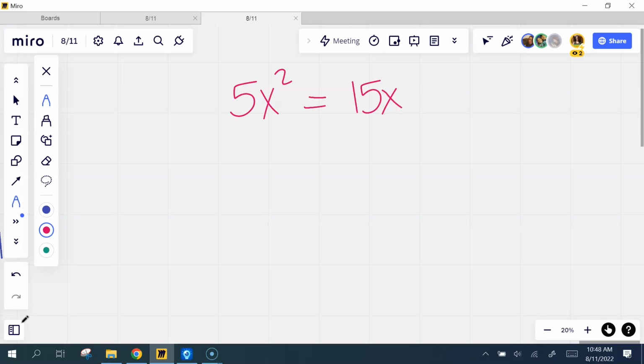You have all the tools necessary to get 2 solutions for this. You're about that far. I got it. In a minute, we're going to do the rest of the problem.